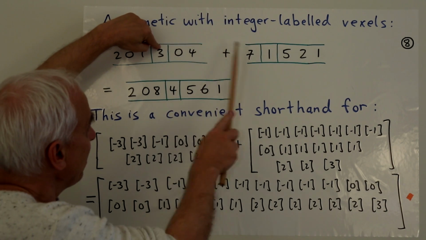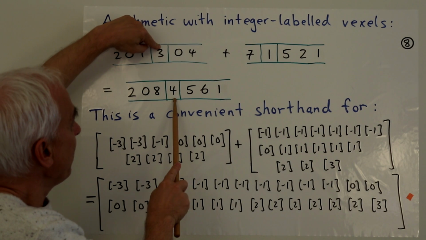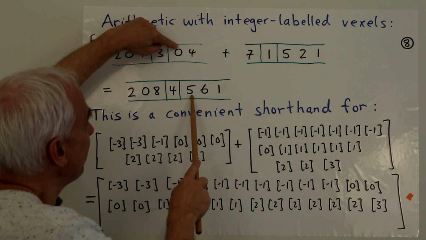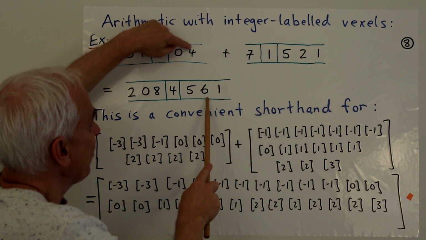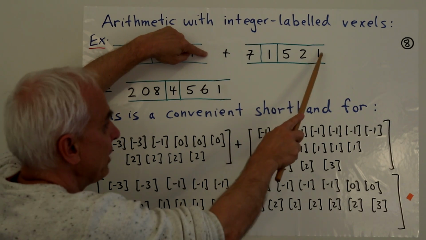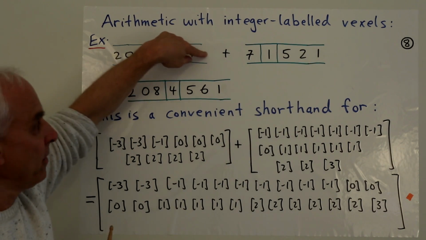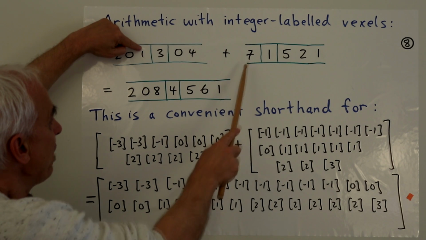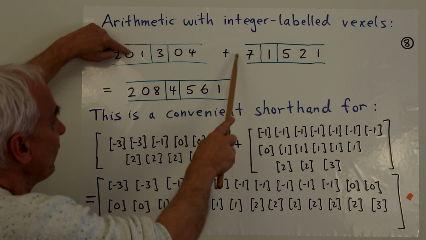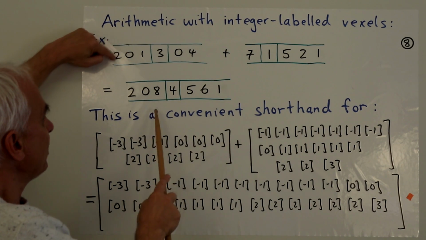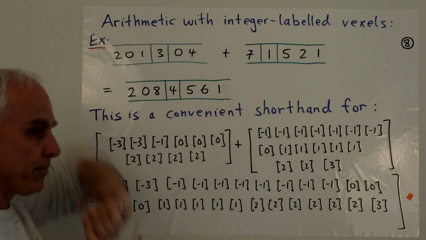So this 3 here and this 1 will add to give 4. This 0 and 5 gives us 5. This 4 and 2 gives us 6. This emptiness here together with this 1 gives us 1. On the negative side, 1 plus 7 is 8. 0 plus 0 here is 0. And this 2 plus 0 is 2.